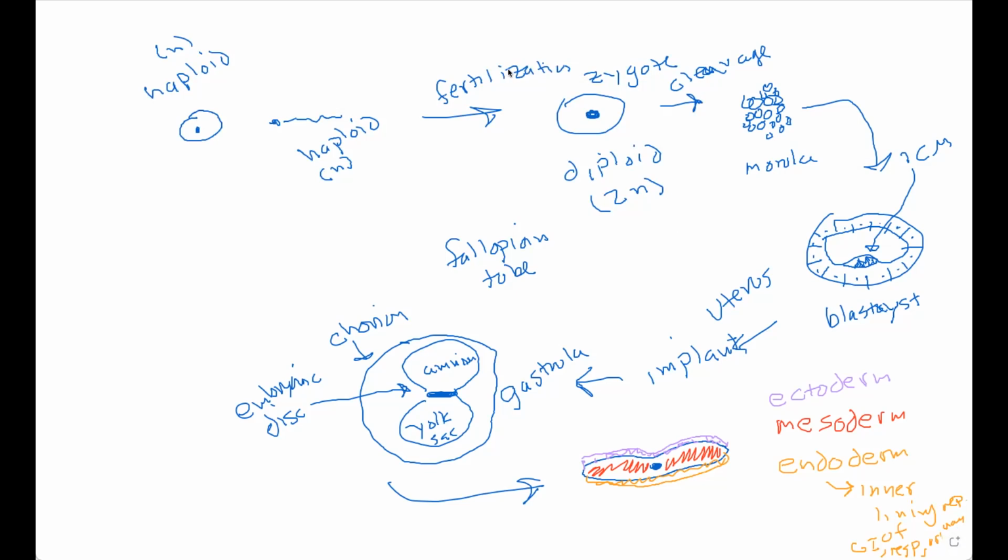Ectoderm becomes the epithelia of your skin and mucous membranes, as well as your nervous system. Okay. And mesoderm becomes everything else.